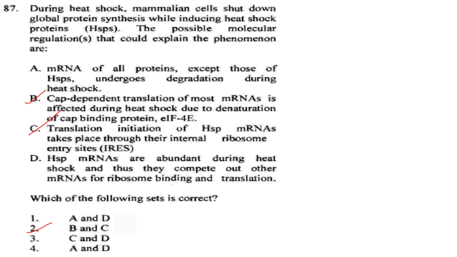During heat shock, mammalian cells shut down global protein synthesis while inducing heat shock proteins. The possible molecular regulation that could explain the phenomenon are. So when there is a heat shock, the mammalian cells shut down protein synthesis whereas they induce heat shock protein synthesis.